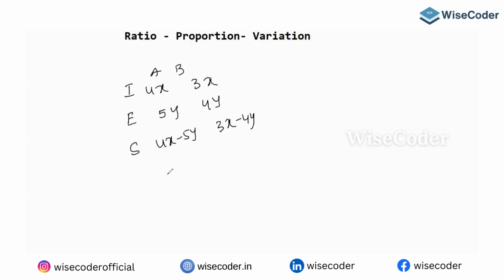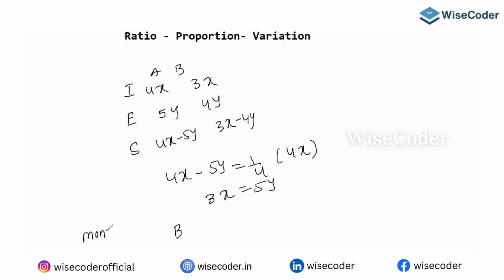In the question itself he is saying that 4x minus 5y is equal to 1/4 of 4x. A saves 1/4 of his monthly income. So from this, 3x is equal to 5y.